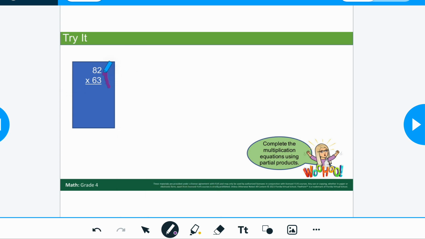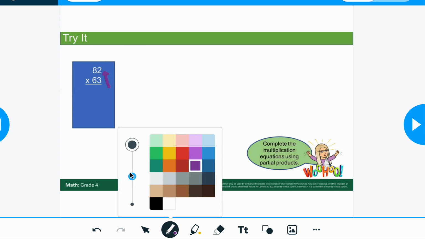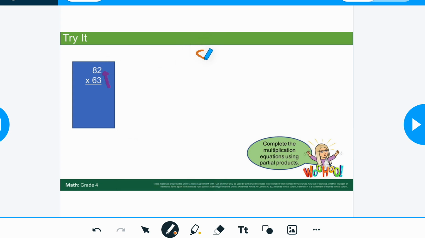All right. So we have 82, so I'm going to do 2 times 63. Okay. So I'm first going to do 3 times 2 is 6, then 3 times 80, I'm going to get 240 because it's 24, but I'm over a 10's place value because it's really 80.